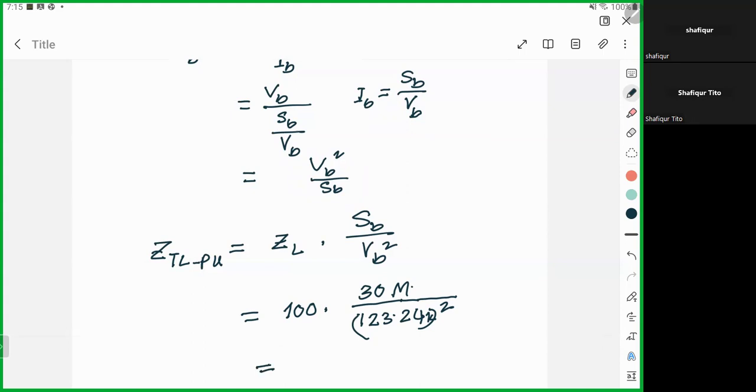If it is otherwise, if it is given in volts and mega, then it's better to work on the basic values.